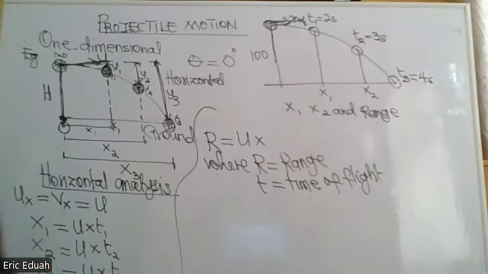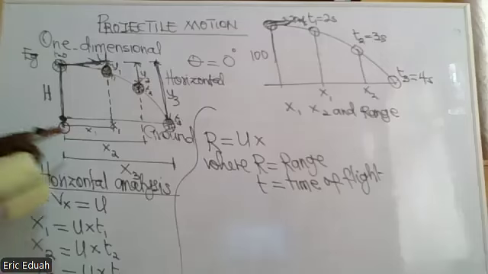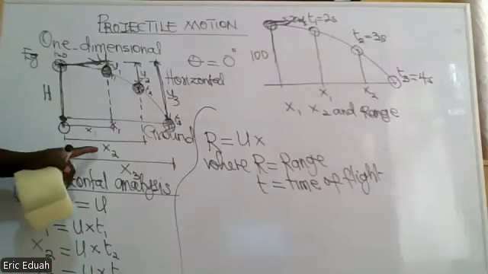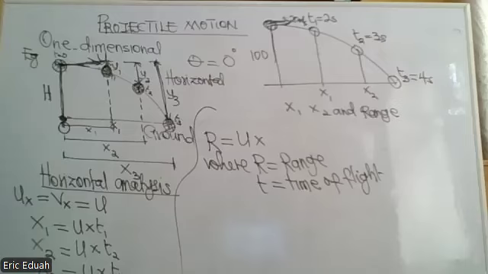Now, as I said, we see the body's displacement changing. X1 is less than X2, and X2 is also less than X3. Once displacement changes, here it does not affect the velocity. The velocity is constant.